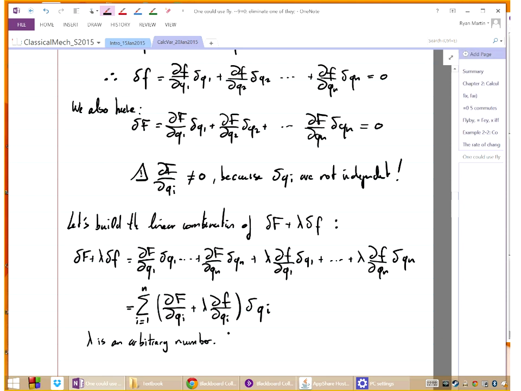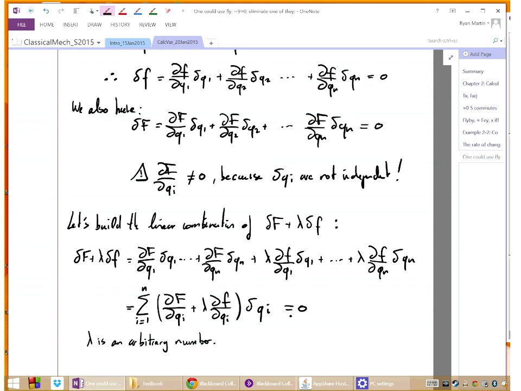So here's the genius part. We have a sum here, right? There are n terms in the sum, and they're all of the form di capital F by di qi plus lambda times di lowercase f by di qi, times delta qi. Right? That whole sum is equal to 0, but the delta qi are not independent from each other. So one of the delta qi's depends on all the other delta qi's.